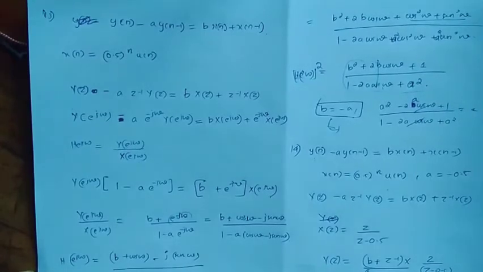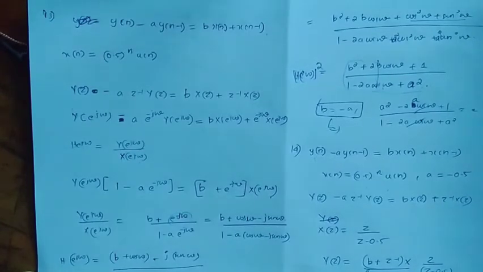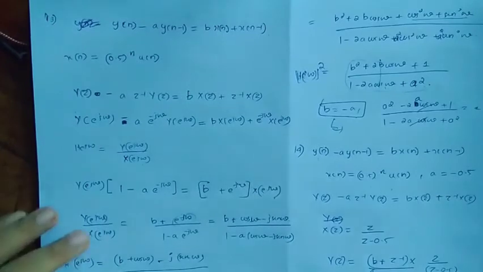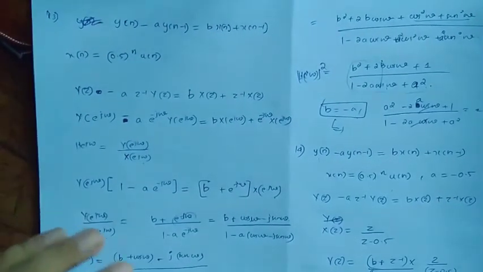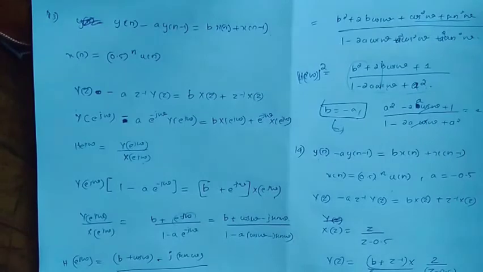So it will be divided by 1 plus a into, that is 0.5 into z raised to minus 1, into z divided by z minus 0.5. Okay. And we have to write that in such a way that we'll get it in the pole-zero format. So for that I am going to write z raised to minus 1 as 1 by z, and take the LCM, we'll get 1 divided by 0.5 z, and z plus 0.5 into z minus 0.5 into z.